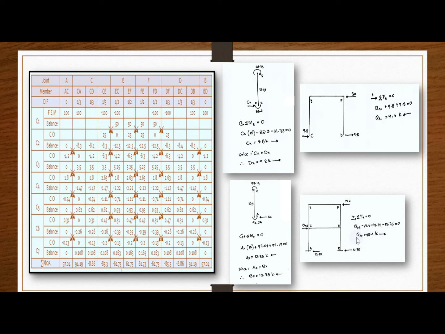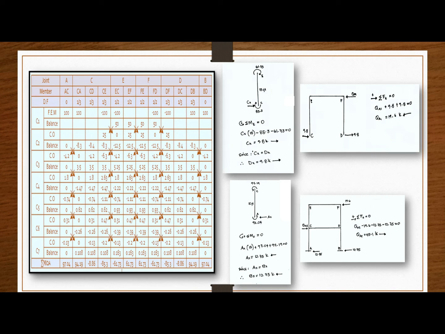So our QA2 is equal to 45.1 K to the right, which is positive. So from this table, our QA1 is equal to negative 19.6 K, and our QA2 is positive 45.1 K.